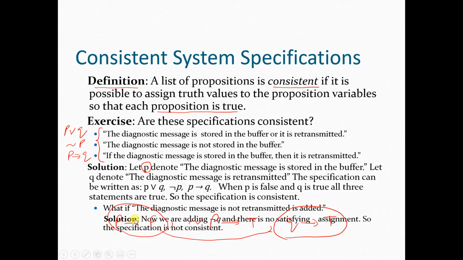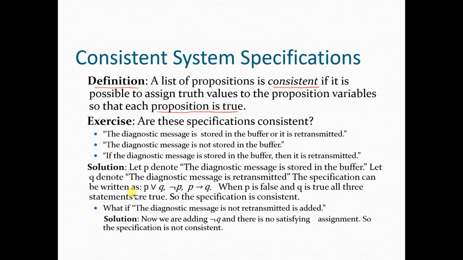So next, what if the diagnostic message is not transmitted is added? So we have already three specifications which are given by these three statements, and we are going to add another specification.